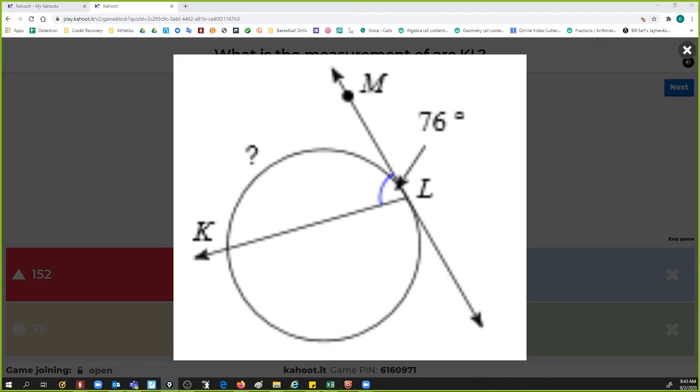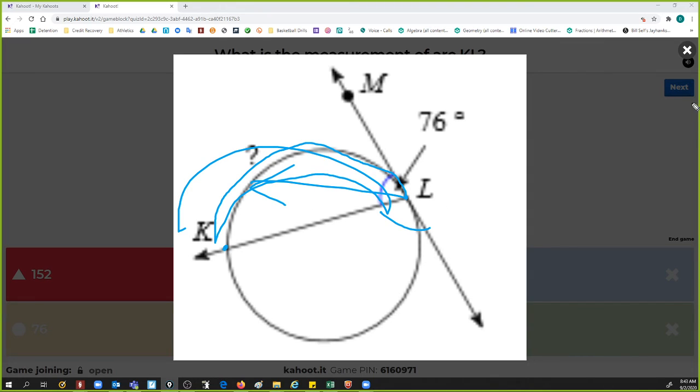Not dividing by 2. Supplementary, probably. No, because I don't have to worry about the angle here next to it, because I want KL. Here's L, here's K. The shortest way from K to L is here. So how do I find that angle?